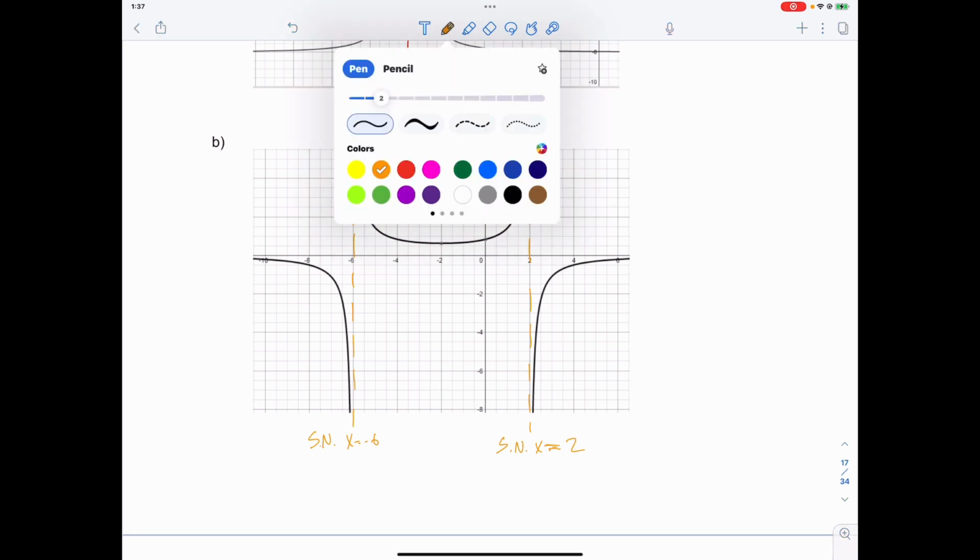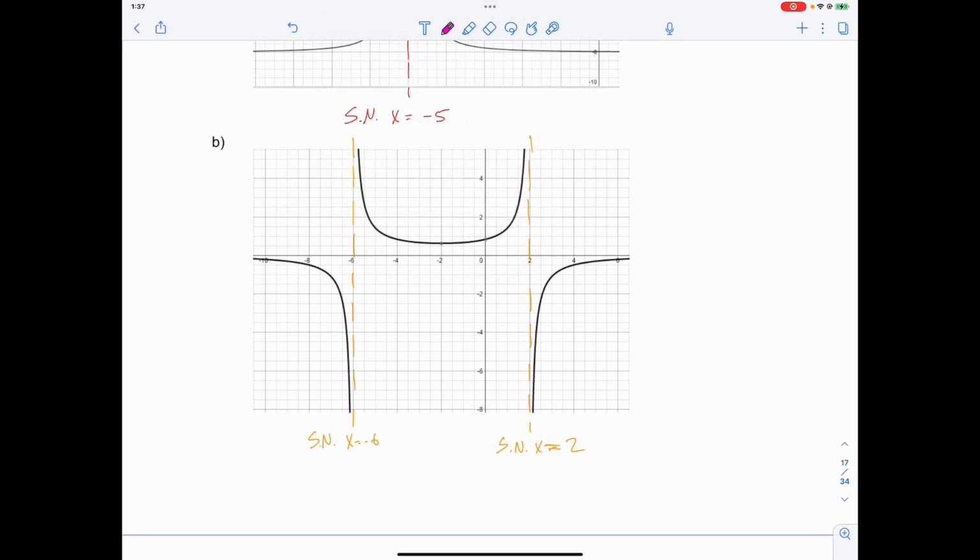And I also have a turning point or an actual critical number here from this minimum where x is equal to negative 2.